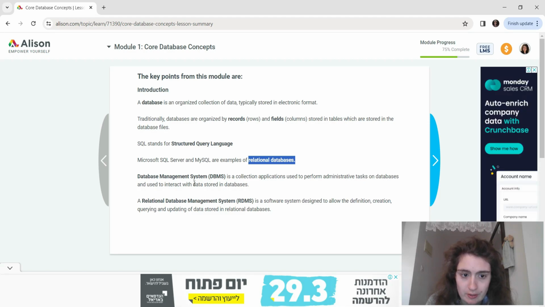So this is covering both the database management system, DBMS, and the relational database management system, which is more about defining, creating, and querying and updating data that's stored in relational or interconnected databases.